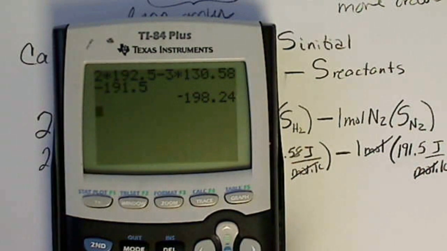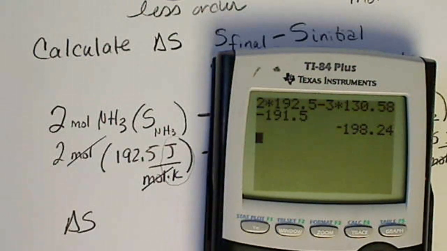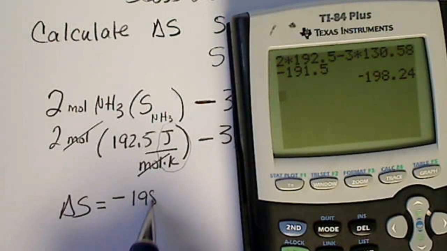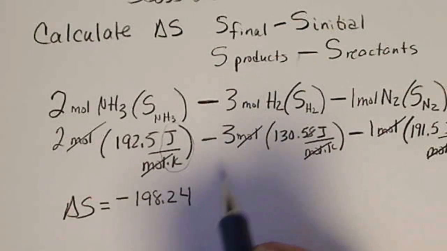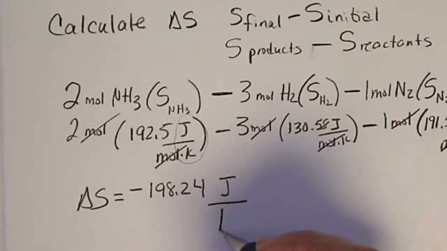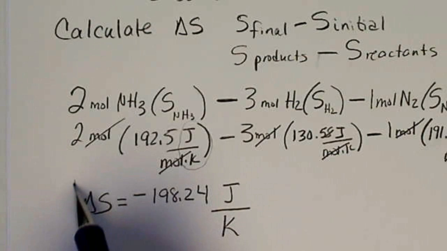And when I do put those numbers in, I get a negative. So the delta S for this reaction is negative 198.24. And the units for delta S, that is an energy unit per Kelvin. So we just use the back of the book.